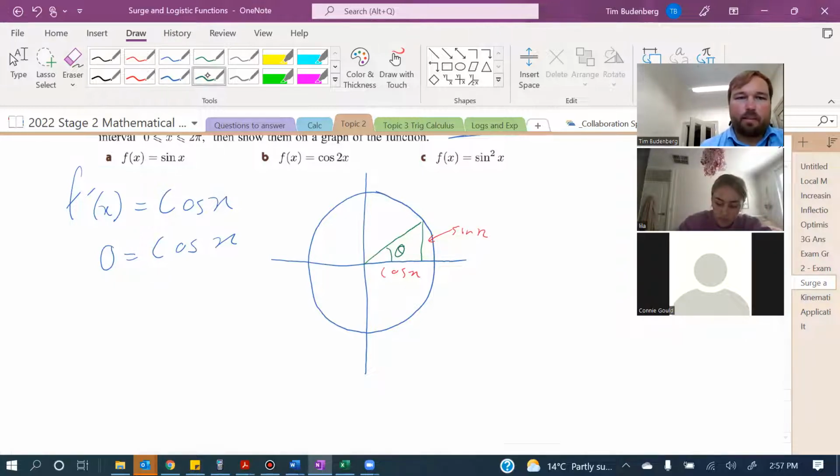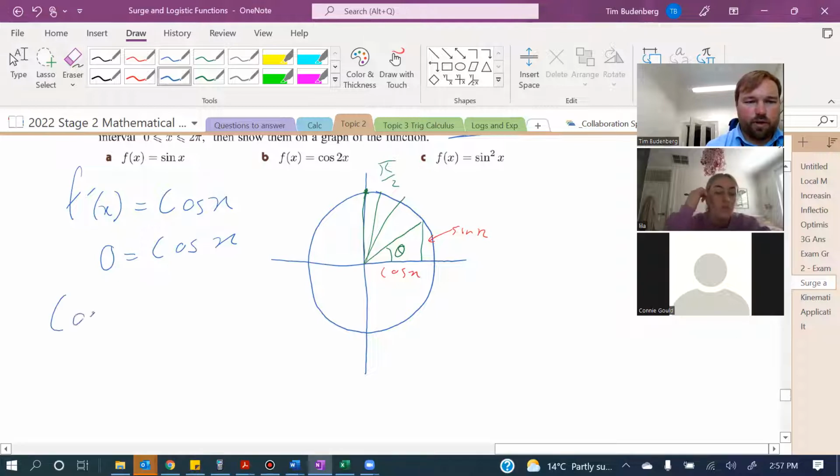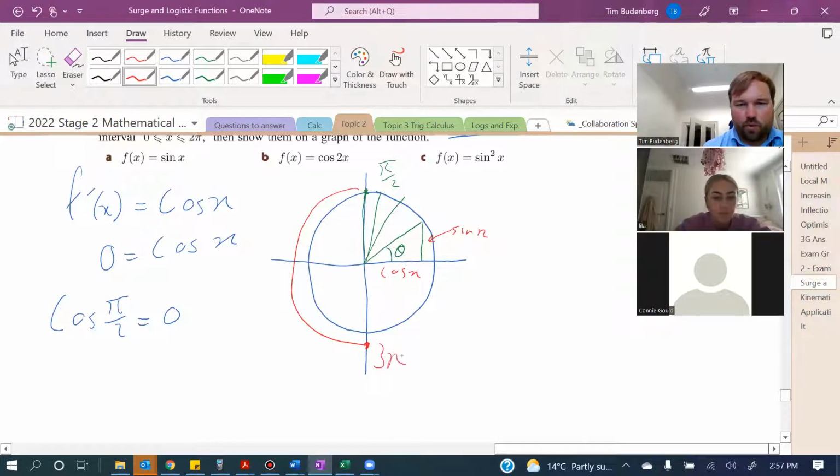Theta swings around until this point, which is π/2. There's no horizontal component, so cos of π/2 equals 0. That happens a second time down here at 3π/2, where it's also equal to 0.